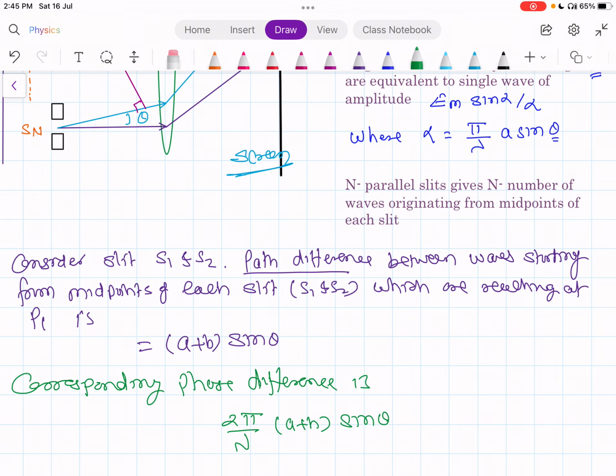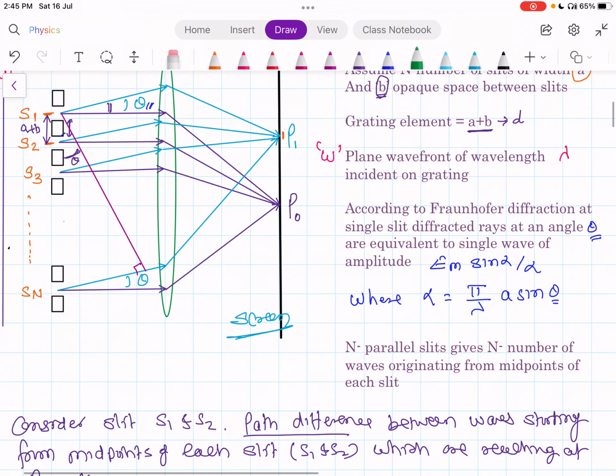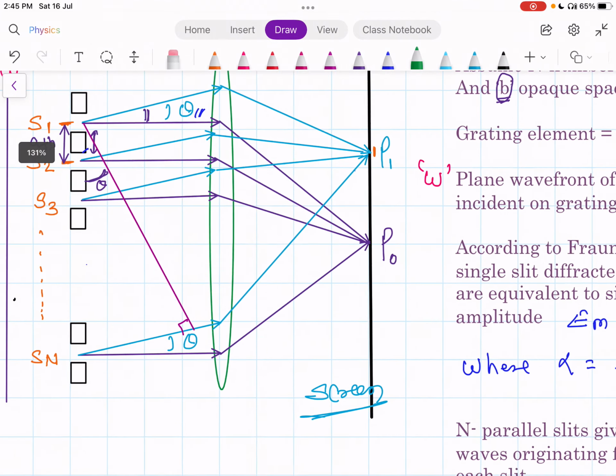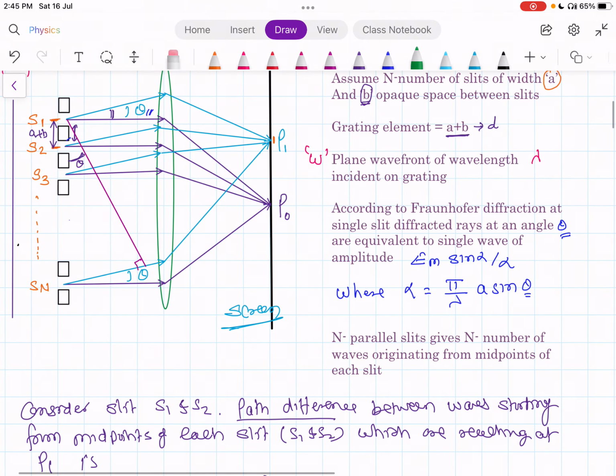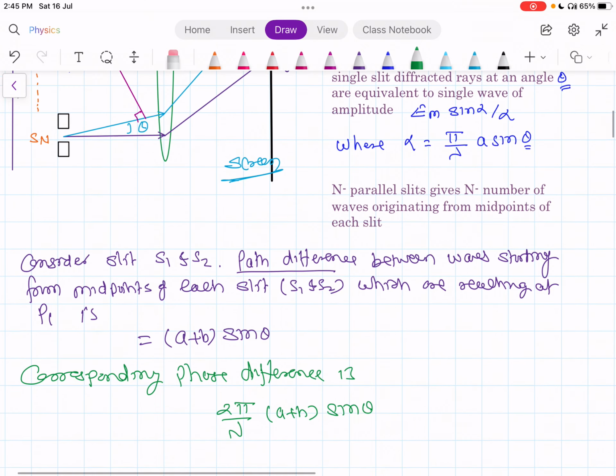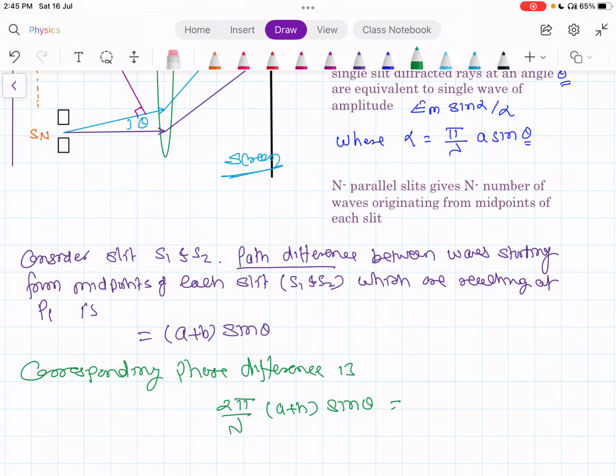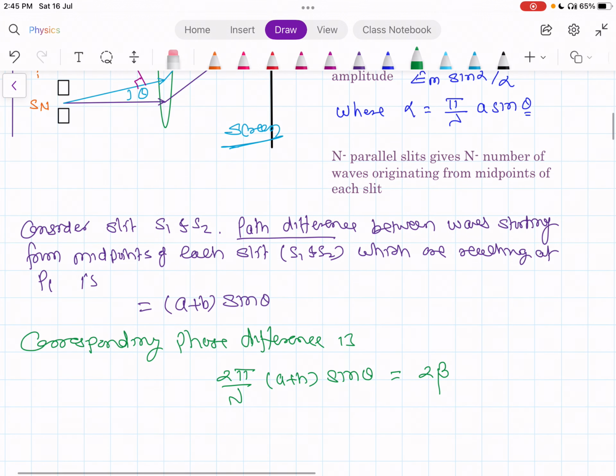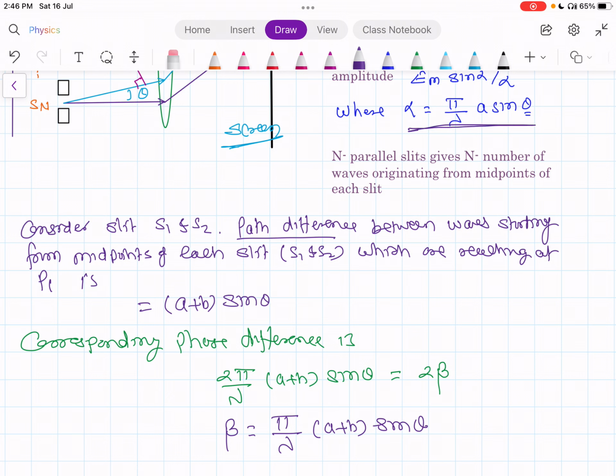This is the corresponding phase difference between the secondary waves starting from S1 and S2, reaching at point P1. Let us assume that this is equal to 2 beta. If that is 2 beta, then obviously beta is equal to pi by lambda times A plus B sine theta. So this is the beta. And we know what alpha is: alpha is pi by lambda A sine theta.